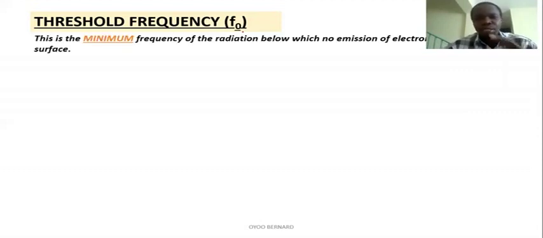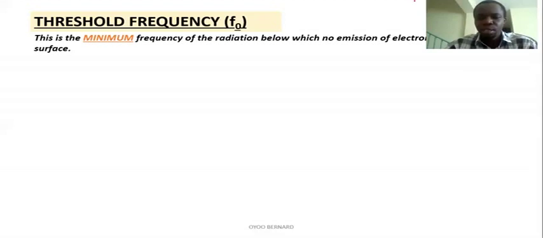By definition, threshold frequency is the minimum frequency of the radiation below which no emission of electrons occurs from a metal surface. As we saw earlier, the energy of a photon is given by hf, the product of the constant h and the frequency.